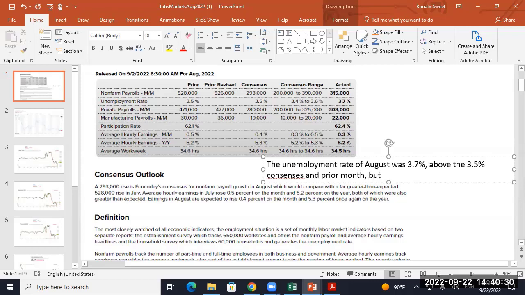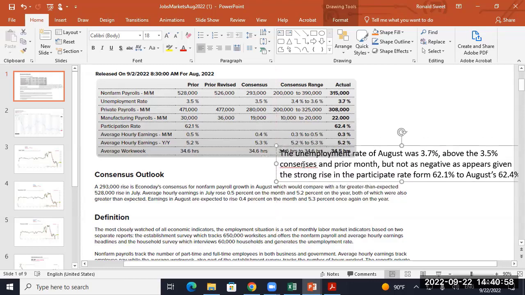But if you want to get everything in there, it is not as negative as it appears, given the strong rise in the participation rate from 62.1% to 62.4% in August. Is that too much in one sentence?